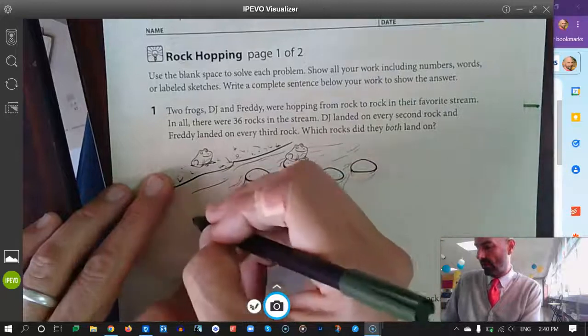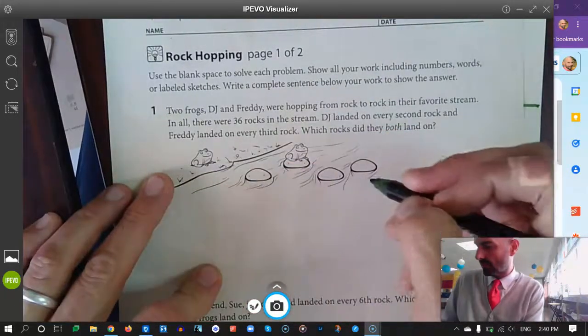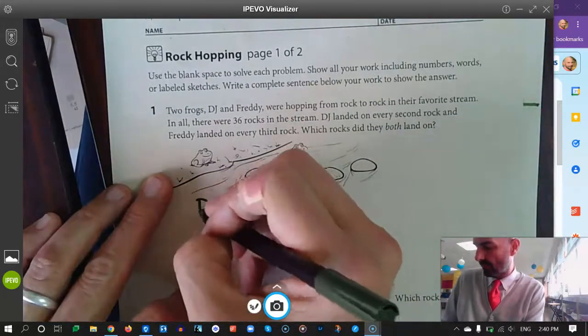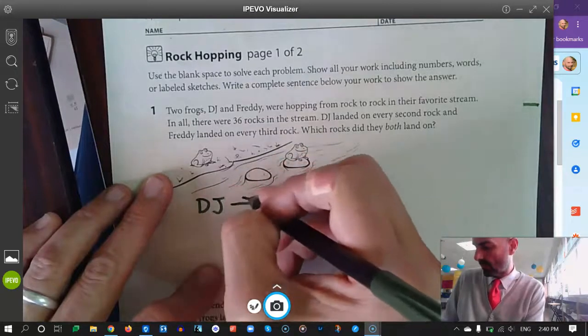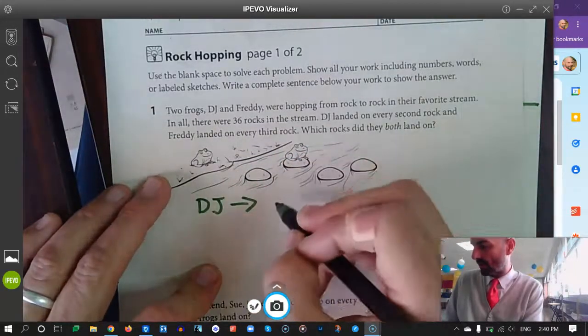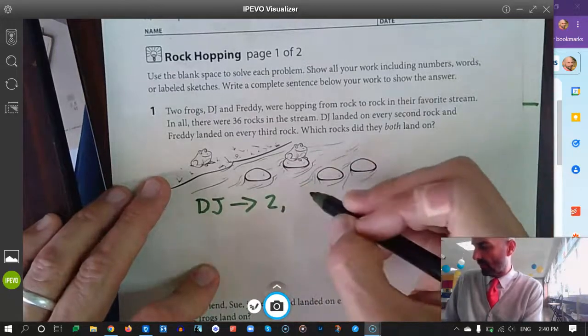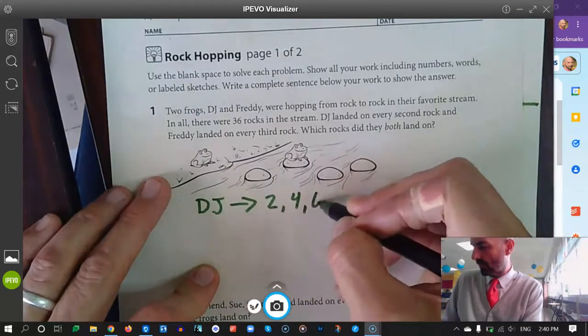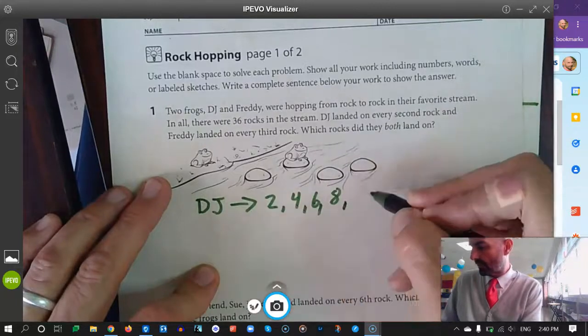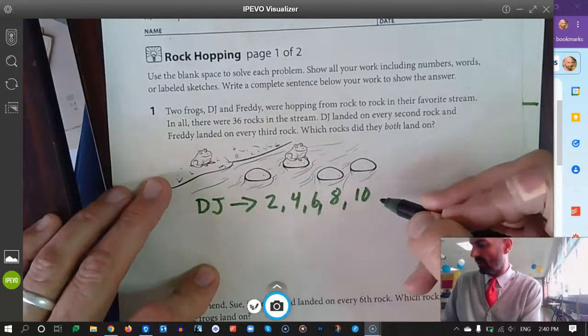Okay, so I'm going to draw here. DJ, so he landed on rocks 2, right? Every second rock. 4, 6, 8, 10. These are all even.